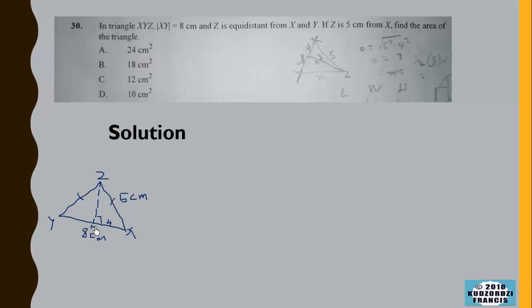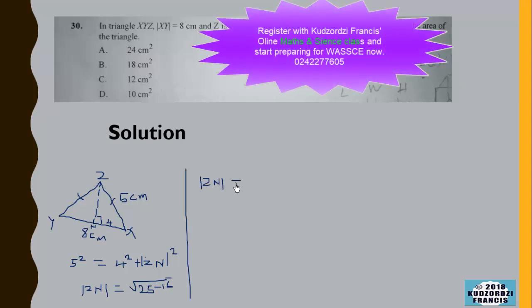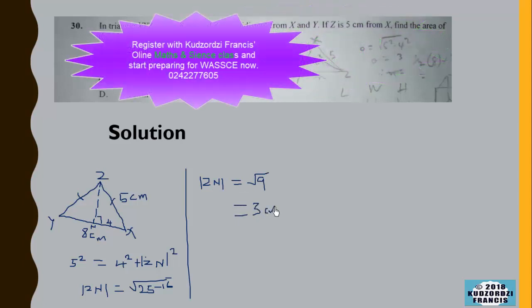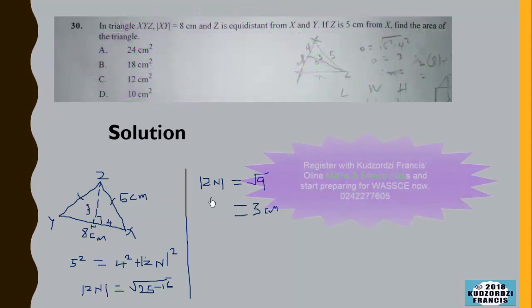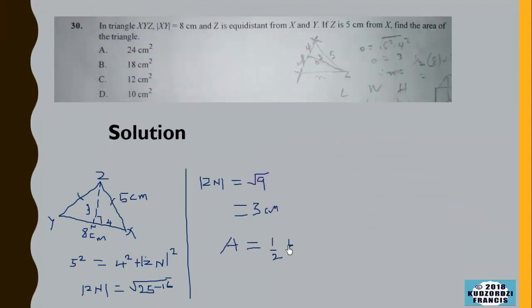This is 4, and from Pythagoras theorem we can find the height. So we know 5 squared equals 4 squared plus absolute value of zn squared. So we solve for zn to obtain the square root of 25 minus 16. So this gives us root of 9, which is 3 centimeters. So now we can calculate the area, which is half base times height. So half times 8 centimeters times the perpendicular height, which is 3, and this will give us 4 times 3, which is 12 centimeters squared.